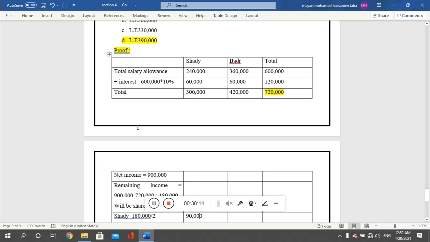First, total salary allowance for Shadi from the head of our question, 240, and for Badr was 360. The total amount is 600. And they will take an interest also in addition to the salary allowance. The interest will be 10% on the beginning balance of each partner.